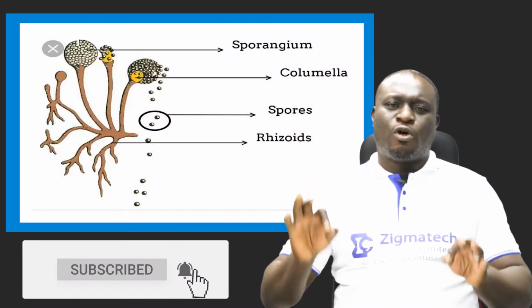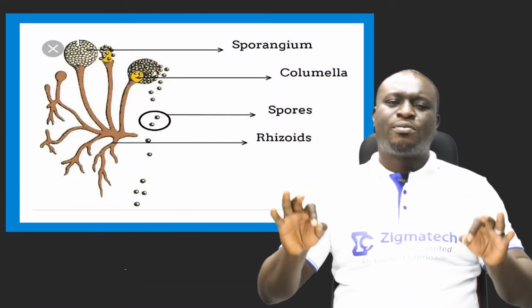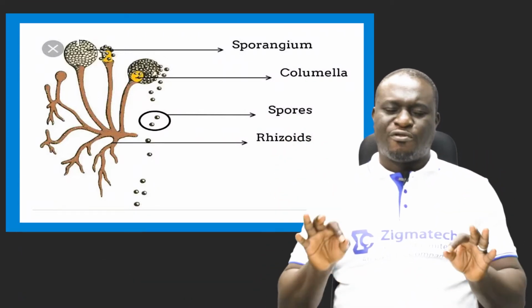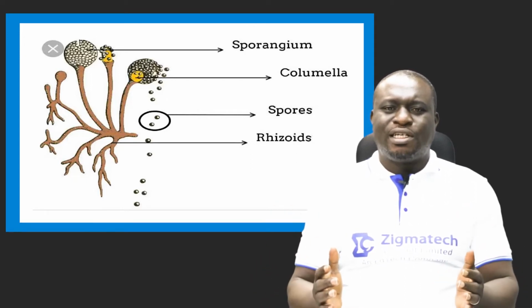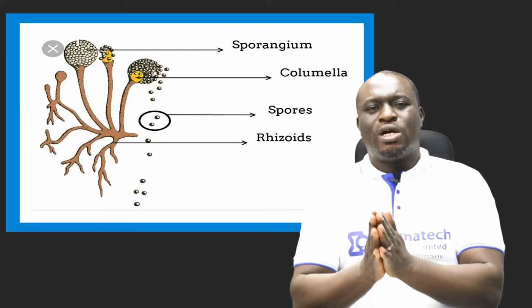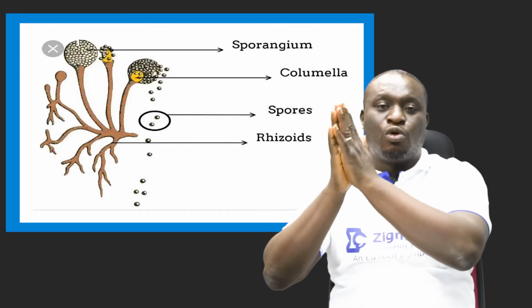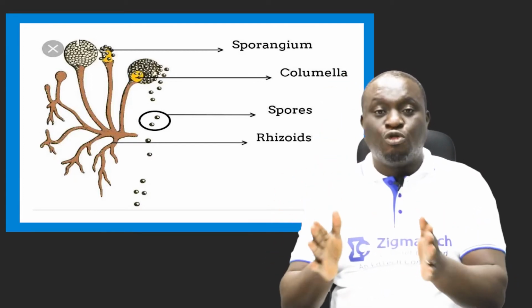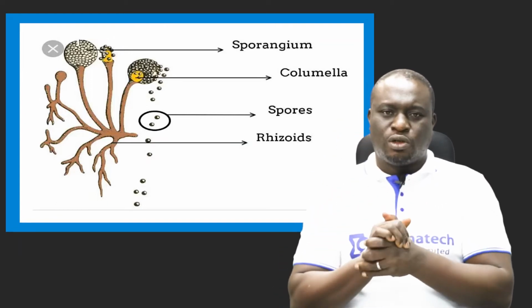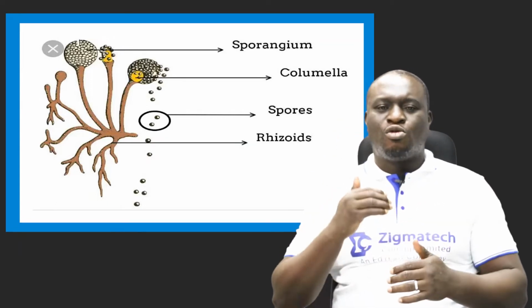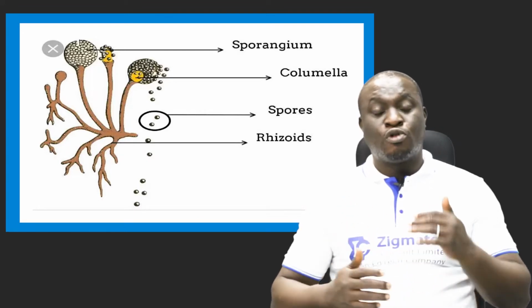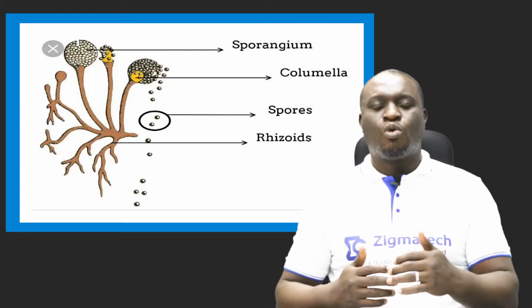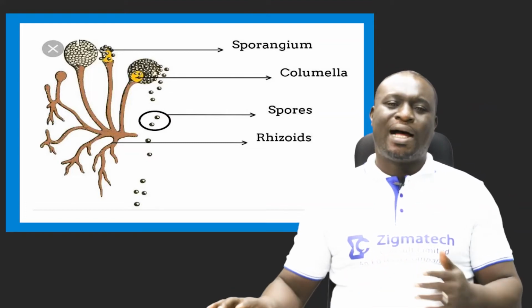If the spores fall on suitable substrates, they start germinating, growing into an adult, or full-grown, Rhizopus. So that is another way Rhizopus carries out asexual reproduction, or produces its own young ones after its own kind.